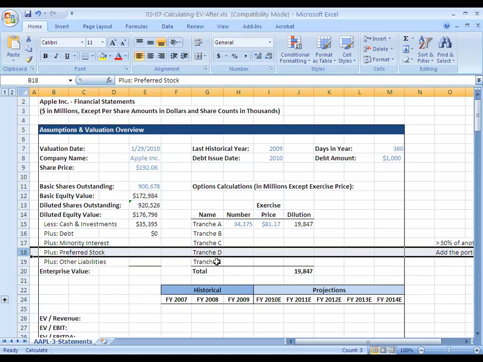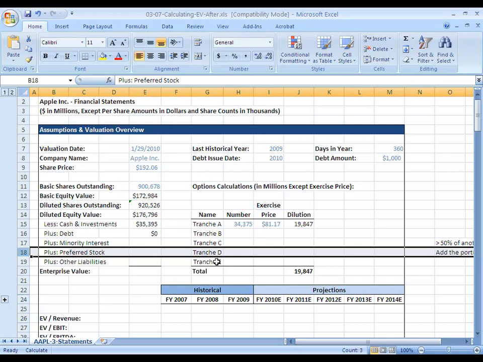They're lower on the totem pole than debt investors, but they're higher up than equity investors. And so preferred stock is usually counted as a debt-like item because it carries with it interest that must be paid to these shareholders, and because if we acquire this company, then presumably we're going to have to repay the preferred stock to the investors and pay off that obligation.